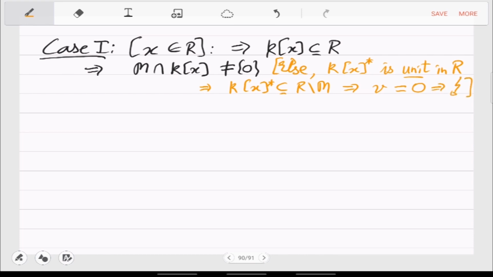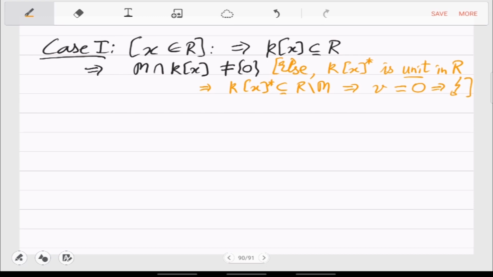Is that clear? Because we are in the function field of this one variable x, and if every polynomial is a unit, the valuation is essentially 0.